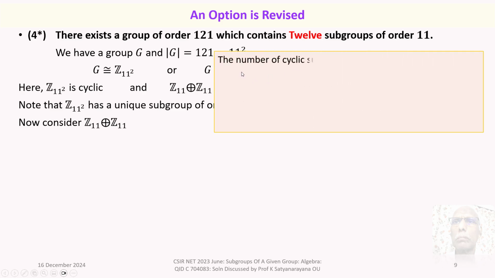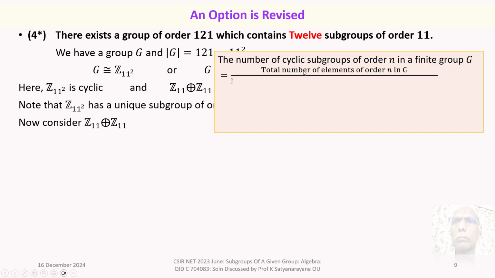Here is the number of cyclic subgroups of order n in a finite group G. The group order is not given, just a finite group G. The number of cyclic subgroups of order n in a finite group G is equal to the total number of elements of order n in G divided by the number of generators for each cyclic subgroup of order n.